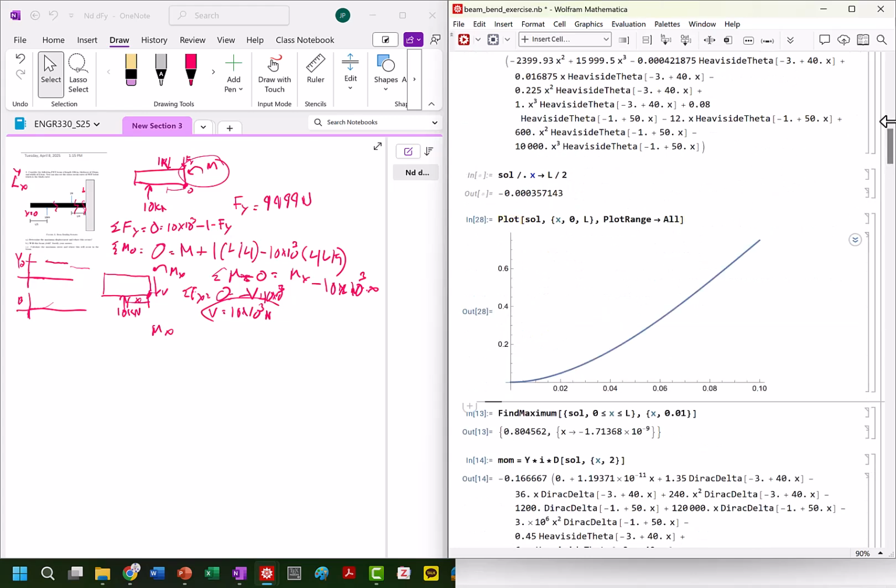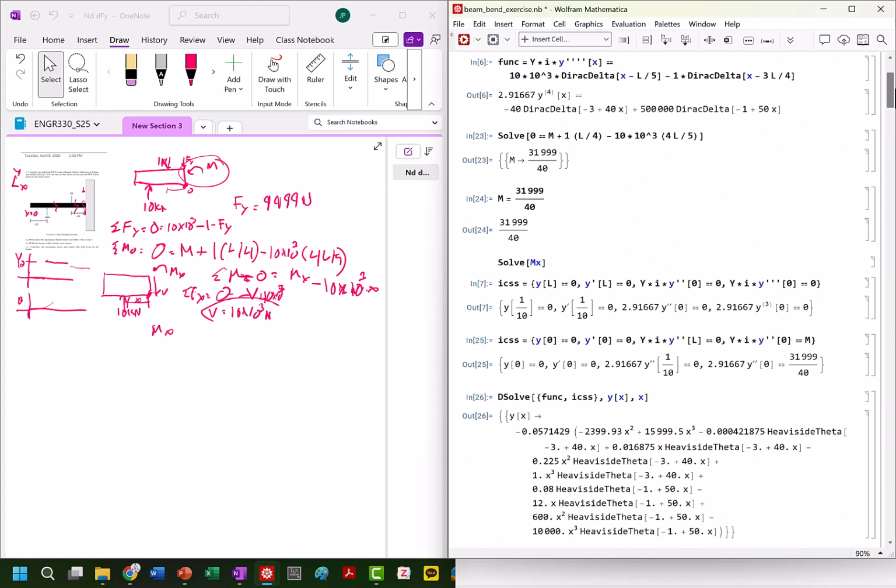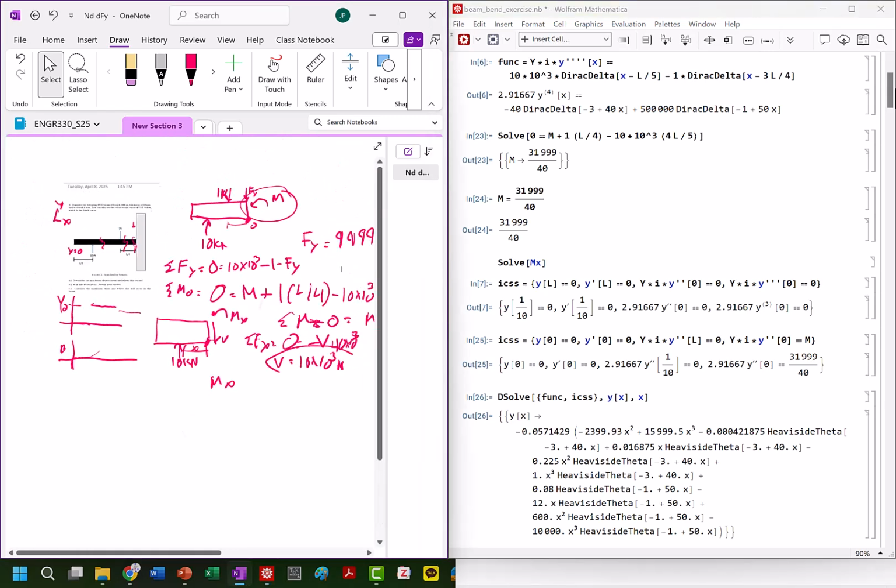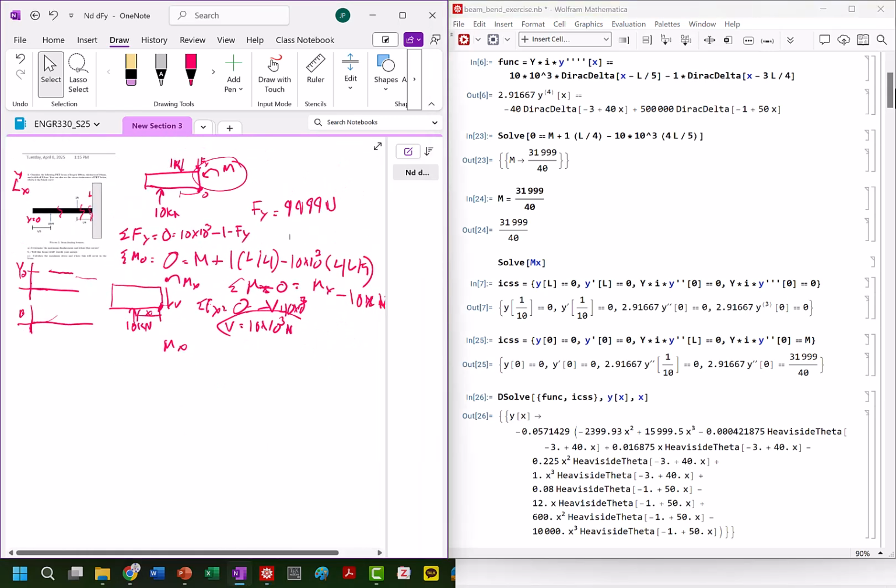Oops. And this is where, again, we have to be careful. So let's actually look into this a little bit. If I make that cut at some distance here, I'm making this cut right here. I'm going to have this minus V. I'm going to have some moment mx.